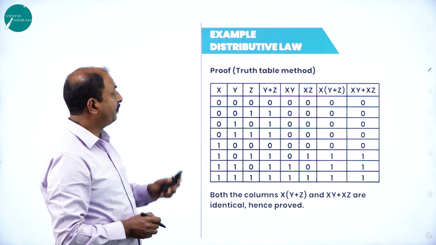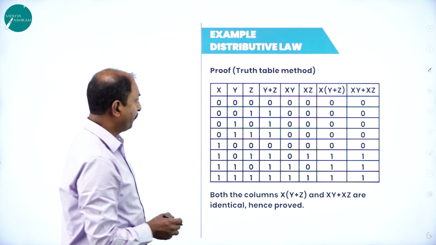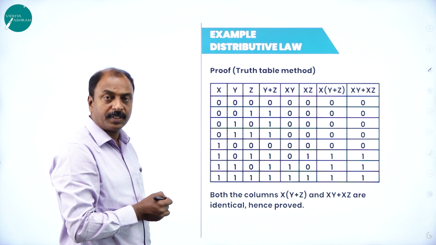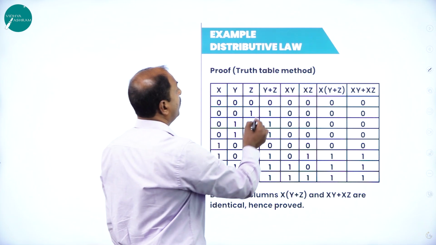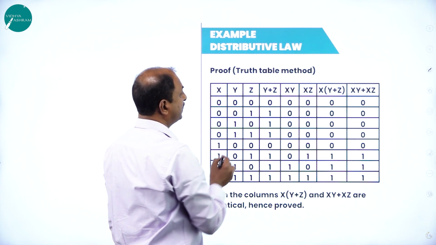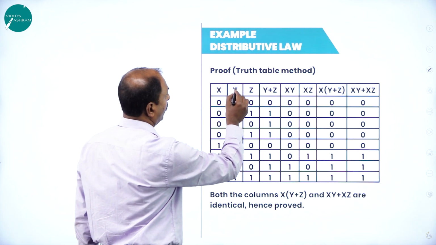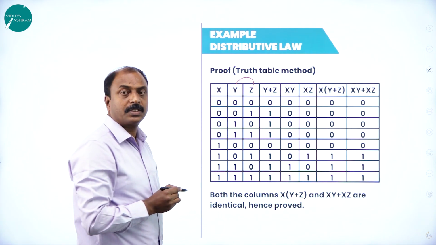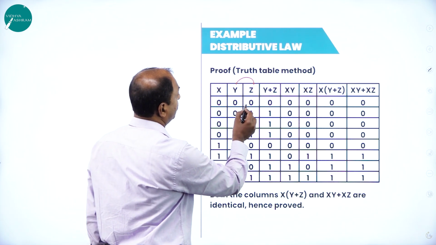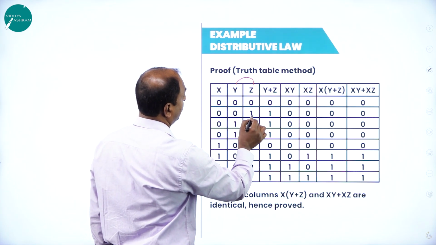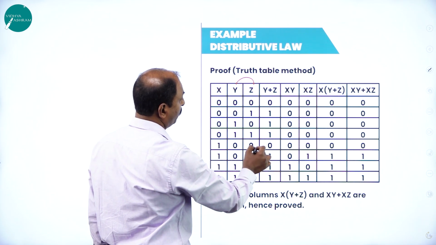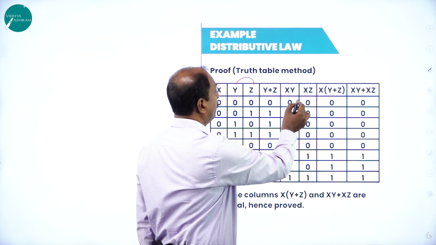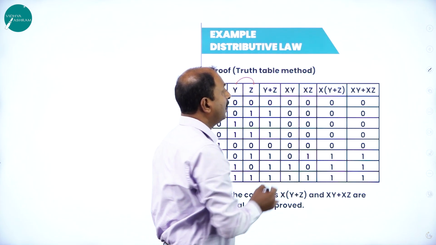We can have 8 different combinations, and now we have to prove the theorem with the different combinations. First one is y plus z, where this is y and this is z. Plus is logical addition, so 0 plus 0 is 0, and 0 plus 1 is 1. Accordingly, we fill this column. Next combination is x and y, x dot y.